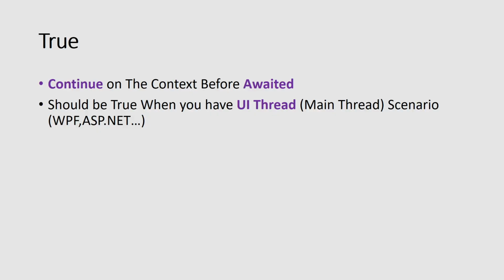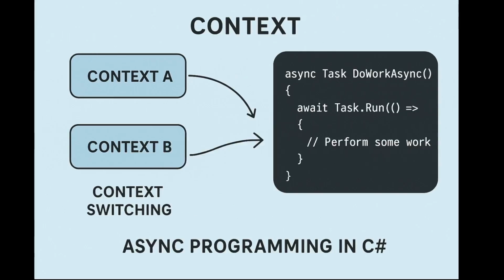I'm going to explain what a context is and its definition. If I explain it with an image, the context is where your code is executing, and this is important because if you switch between contexts, the environment your code is executing in can change.